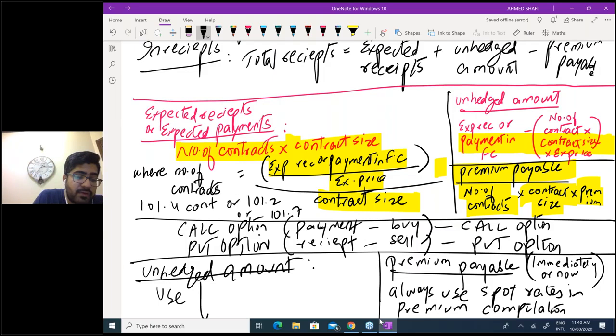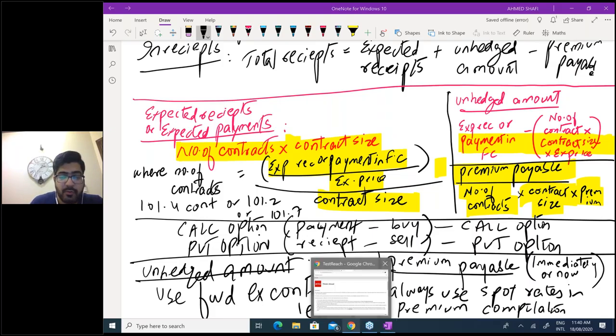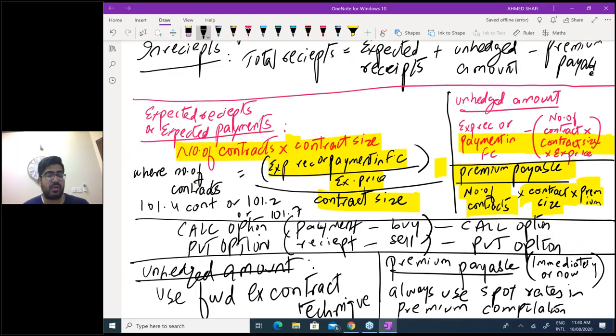This is always hedged using the forward exchange contract technique, because it is the only technique which is not standardized. You can choose decimals, any number, it's your wish.